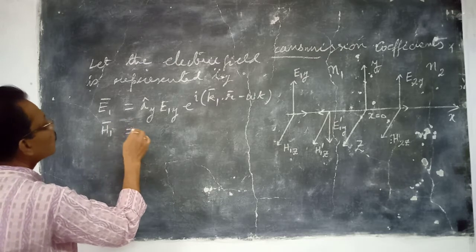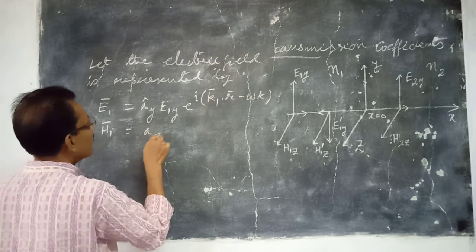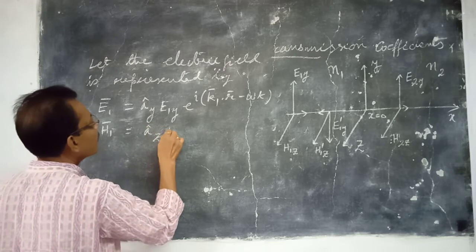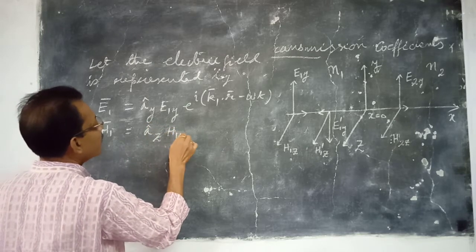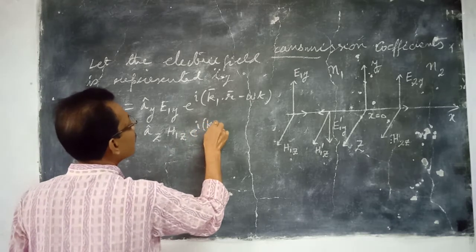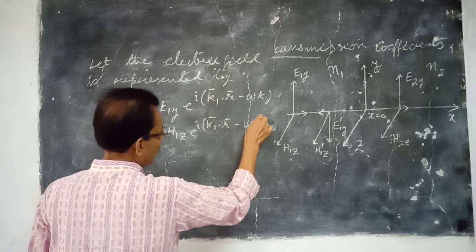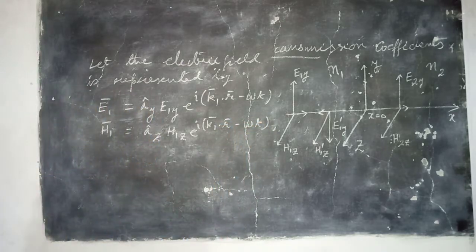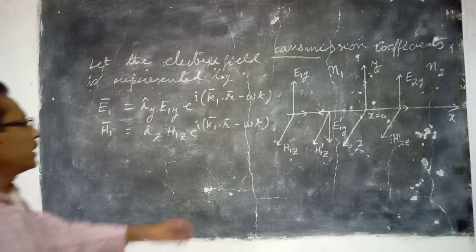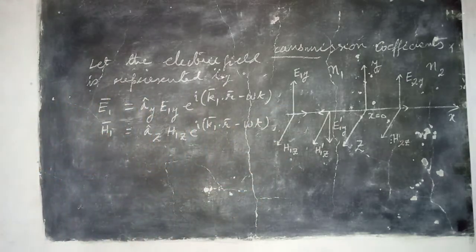H1 is vibrating along the z-axis, so a_z H1z e to the power i (K1 dot r minus omega t). So this is E1 and H1, the incident wave.